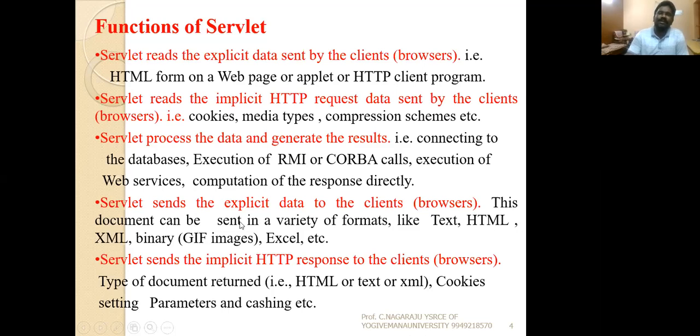This document can be sent in a variety of formats like text, HTML, XML, binary, that is GIF images, Excel, etc. Next, the servlet sends the implicit HTTP response to the client: type of documents returned, that is text, XML, HTML, cookies, settings, parameters and caching, etc. So these are the functions of servlets.